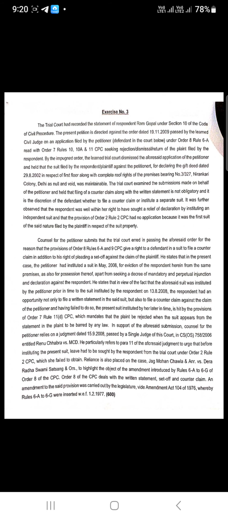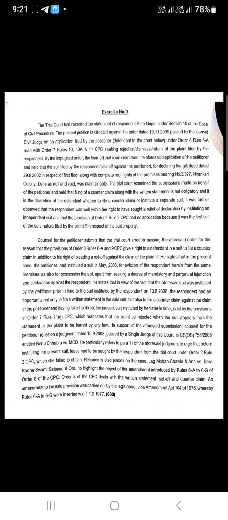By the impugned order, the learned trial court dismissed the aforesaid application of the petitioner and held that the suit filed by the respondent/plaintiff against the petitioner for declaring the gift deed dated 29/8/2002 in respect of the first floor along with complete roof rights of the premises bearing number 3/327, Nirankari Colony, Delhi as null and void was maintainable.